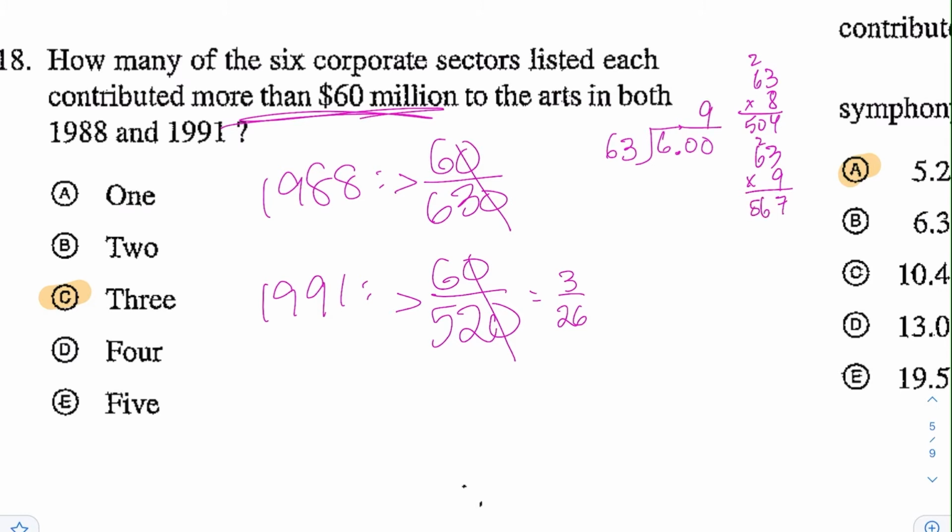So it's going to be 9. So 9 times 63 is 567. And when you subtract, you get 33, and then you put another 0. So this would be 0.09 something percent.